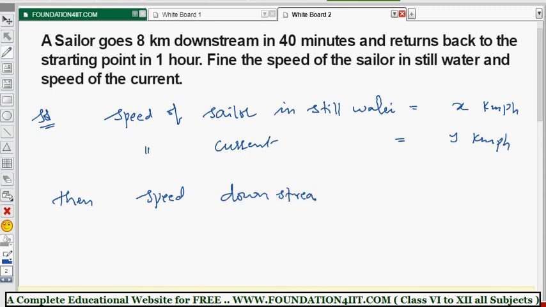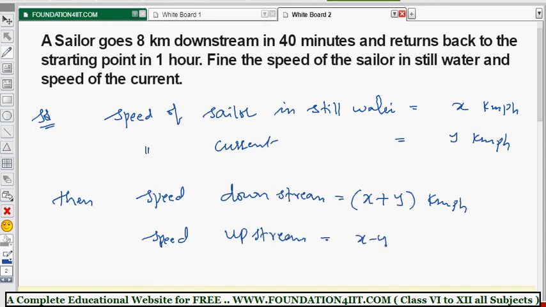As I explained, downstream means we should add both. The sailor's speed in still water plus the speed of the current, that is the water speed, x plus y kilometers per hour. That is the speed downstream. Now the speed upstream. Upstream means we should subtract: x minus y kilometers per hour.